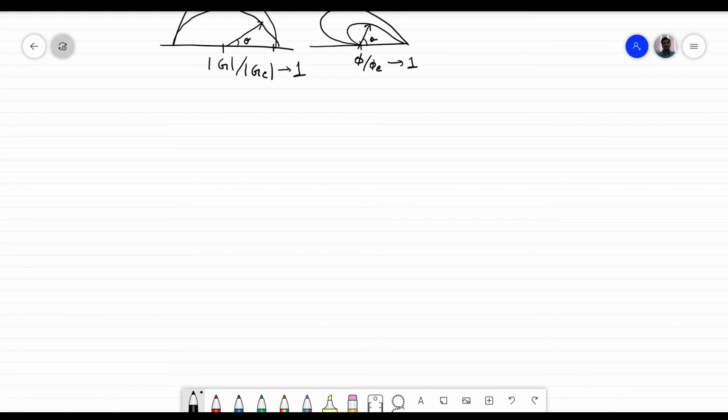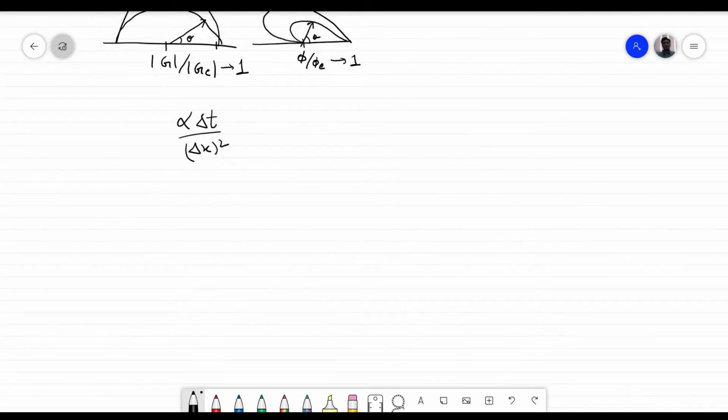So the reason was that the solution was unstable for some range of this parameter alpha delta T by delta X square, and also for the wave equation for C delta T by delta X. So if this is less than or equal to 1, then it is stable.